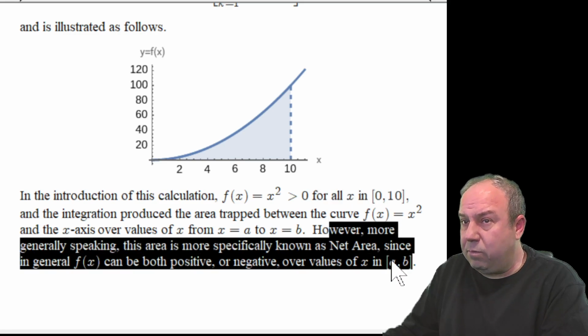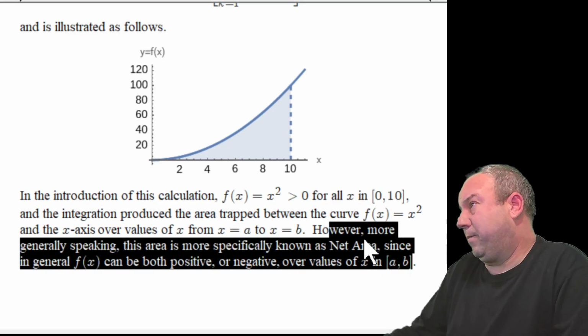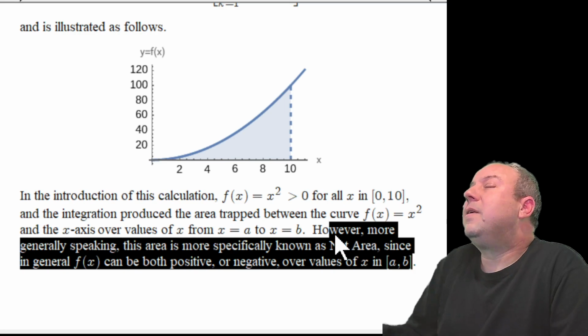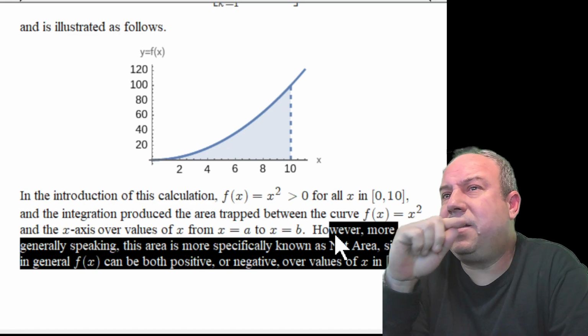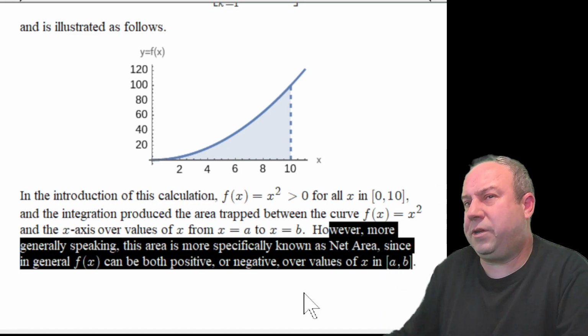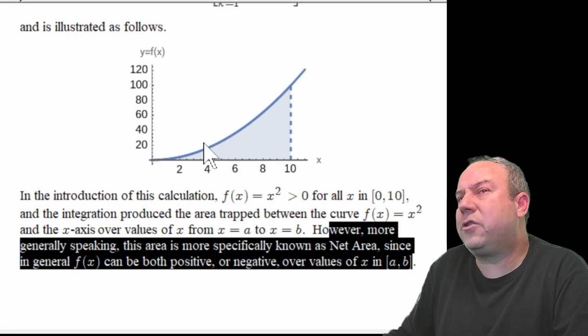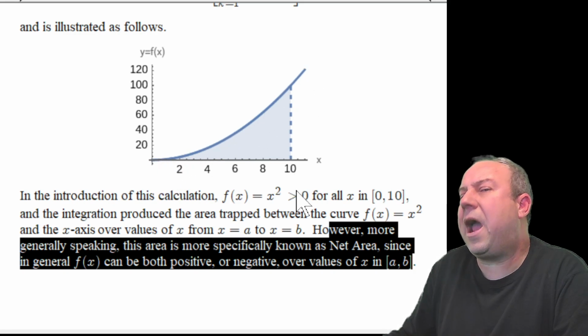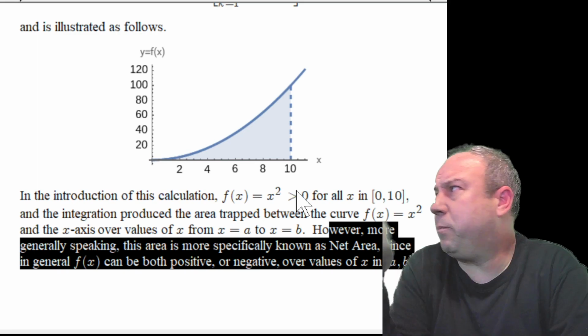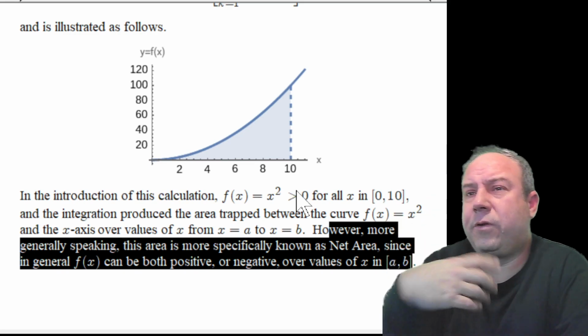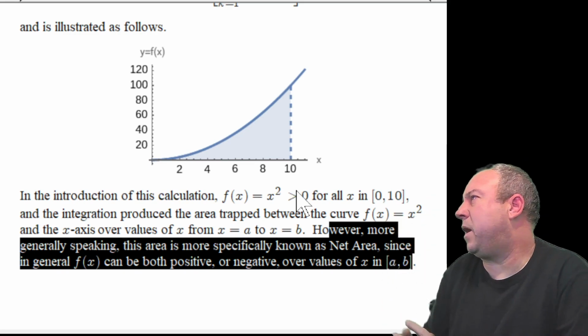However, if we're speaking more generally, right, f of x, the dependent value of our function, right, the function that determines the shape of this graph, can be both positive or negative over values of x in the interval from a to b.